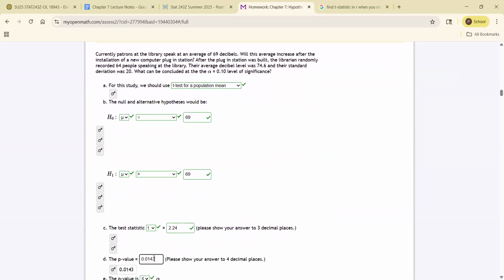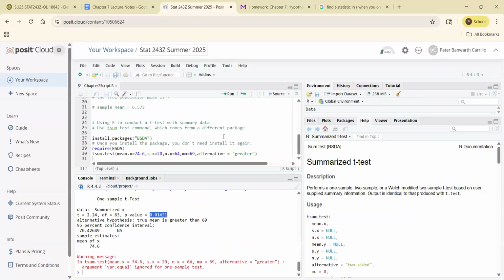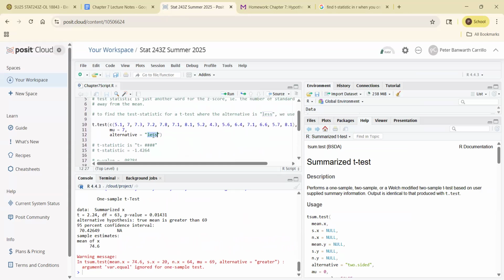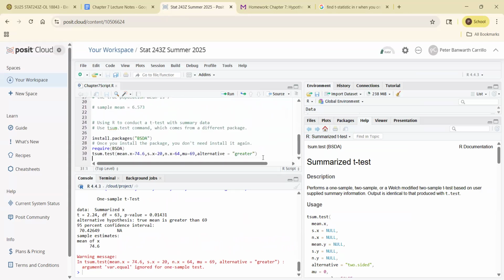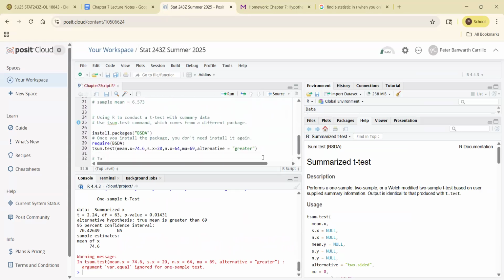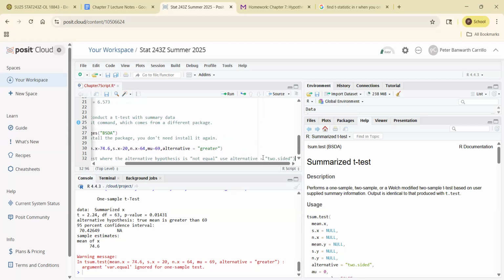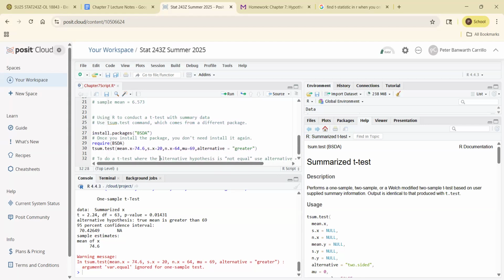With a greater than, I wanted to use the alternative to be greater. With a less than, I wanted to use the alternative to be less. And if all I care about is that it's not equal, we use the alternative equals two-sided. And in fact, you can usually just leave it blank and it'll do it for you.